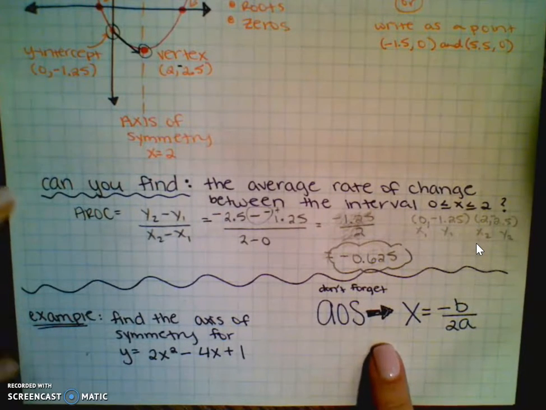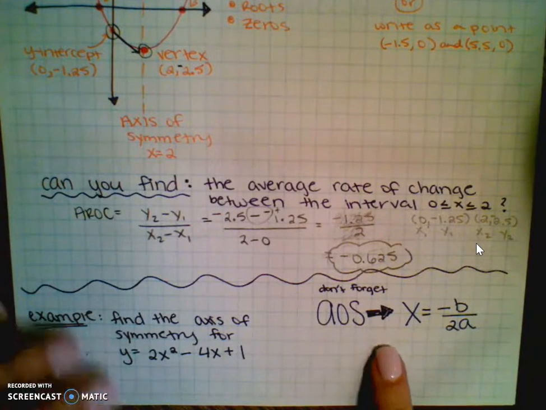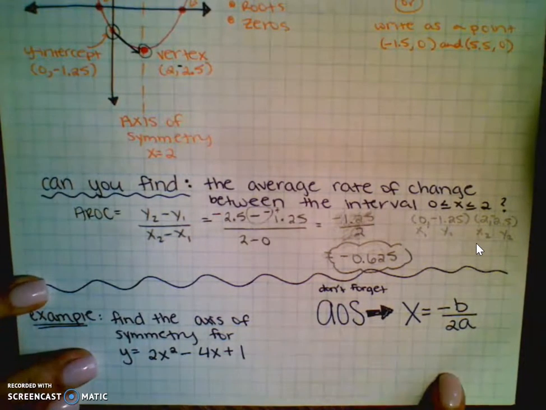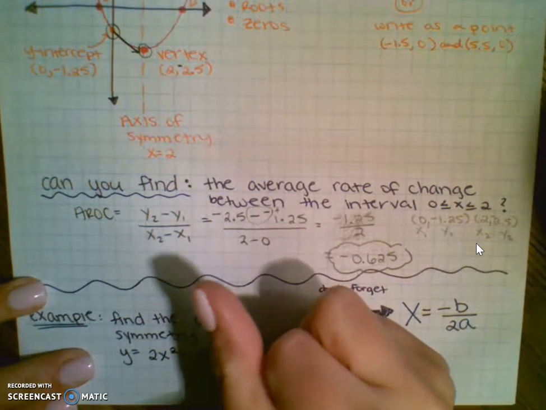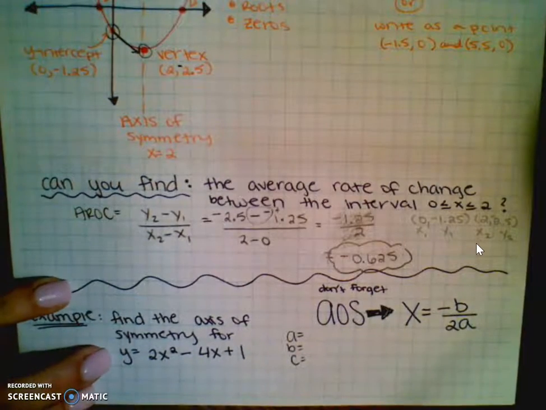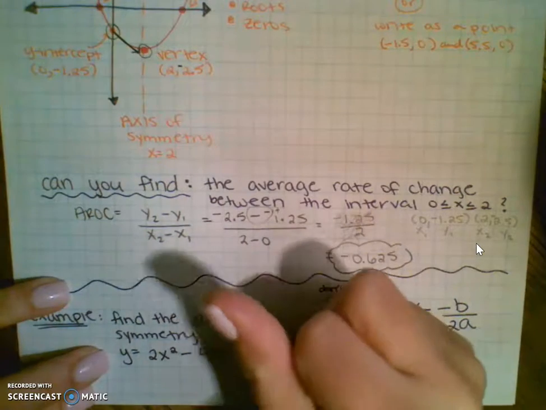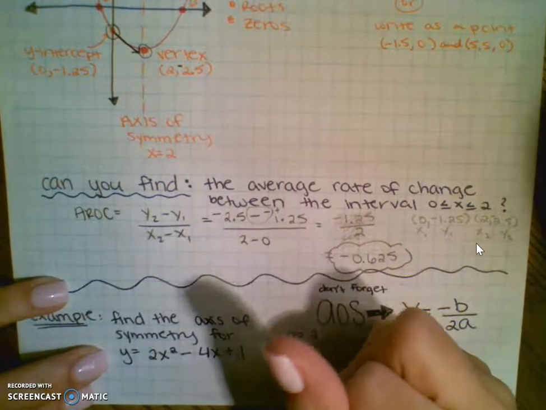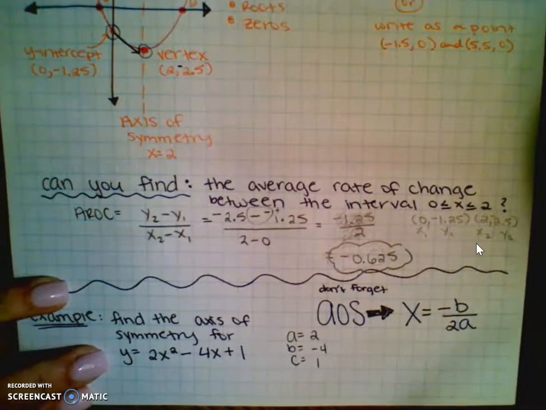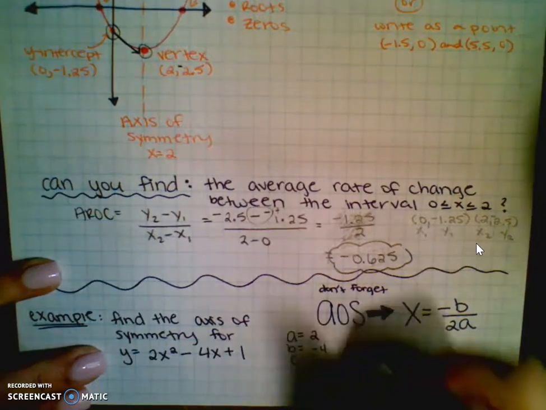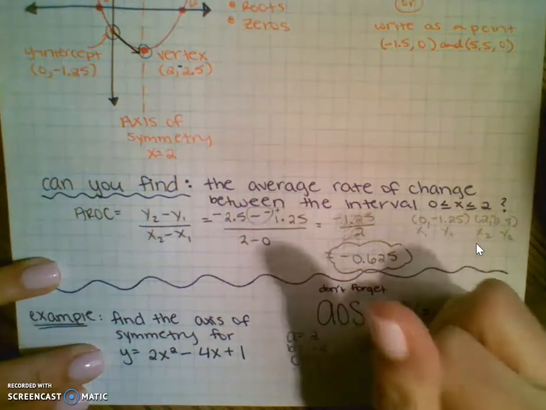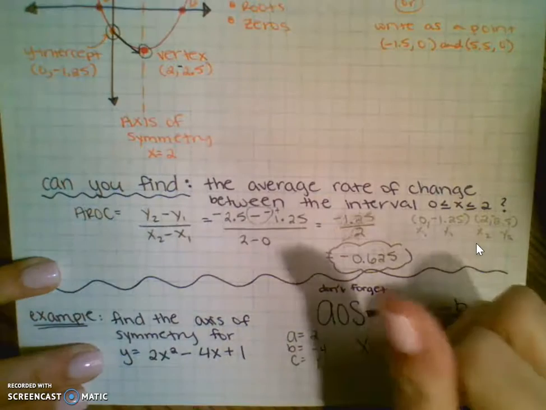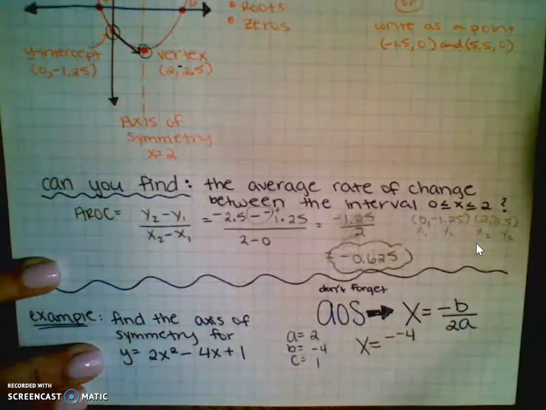We already quizzed you on this, but you still need to know it. Okay, so this is your formula for it. So your ABCs, A, B, C. So my A is 2, my B is -4, and my C is 1. Okay, so then I just plug it in. So it's going to be x equals, it's always x equals, -b, so -4.